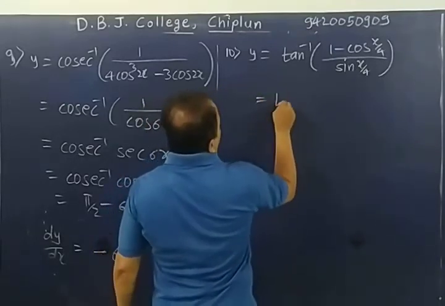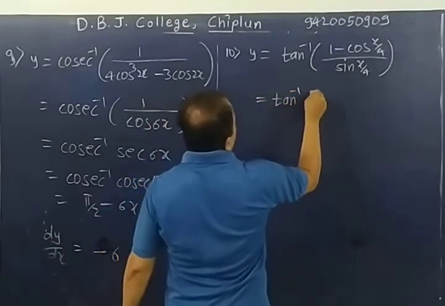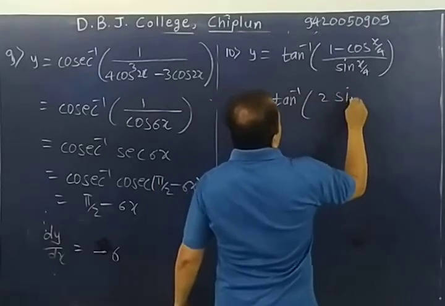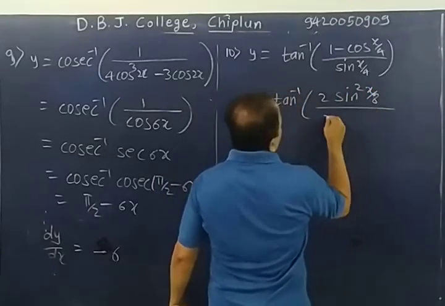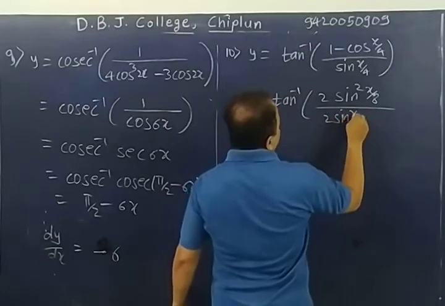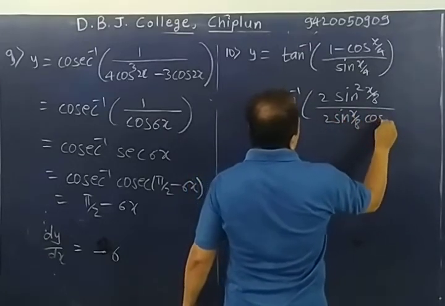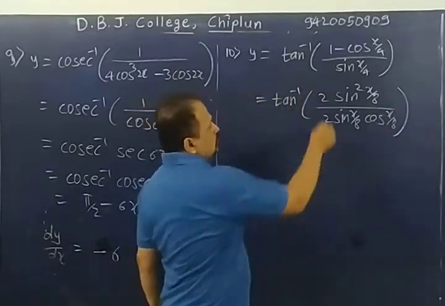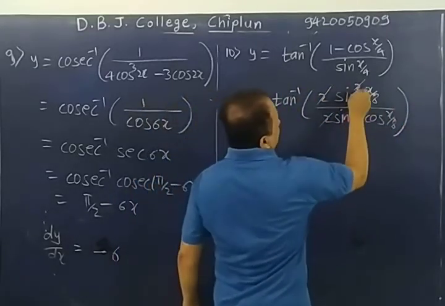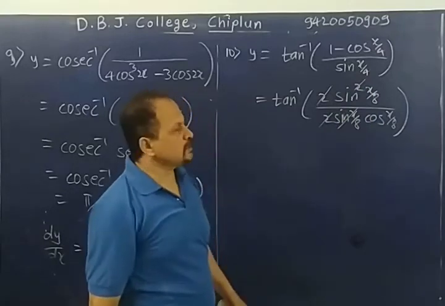This is equal to tan inverse of 2 sin square x by 8 upon 2 sin x by 8 cos x by 8. 2 will get cancelled, and one sin term will get cancelled.